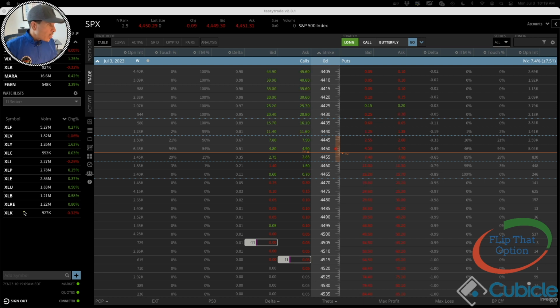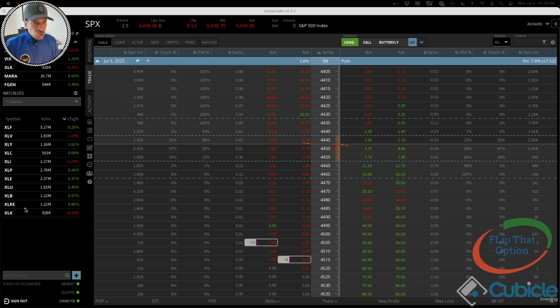And so the XLK, which is the tech sector, has the largest influence on how the SPX moves, okay? It has roughly a 27% or 28% weight with respect to the other sectors. And the two publicly traded companies that have the largest weight, when you look at the 500 companies that make up the S&P 500, are in the XLK: Microsoft and Apple, right?